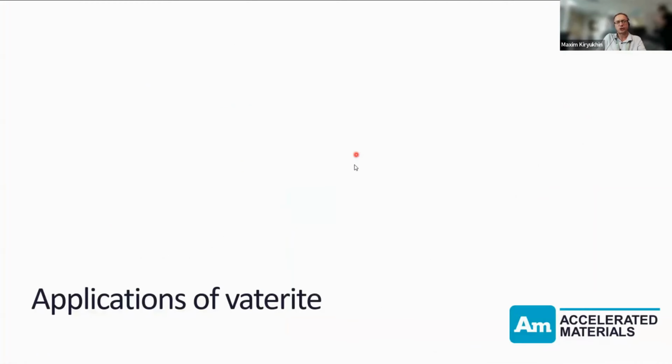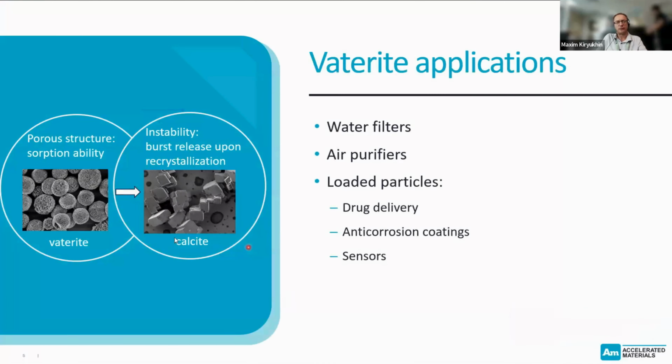But what is so special with the Vaterite? What defines its applications? In the first place, Vaterite is a very porous structure, which gives opportunity to use it as water filters, as air purifiers, or to load those particles with some molecules of interest for drug delivery, as anti-corrosion coatings, as sensors.